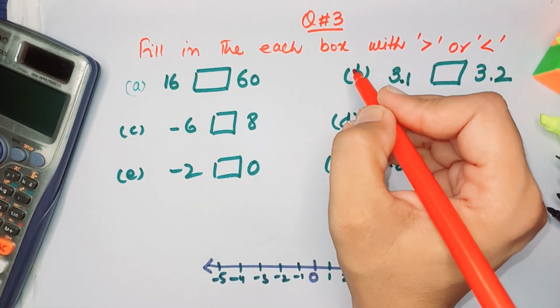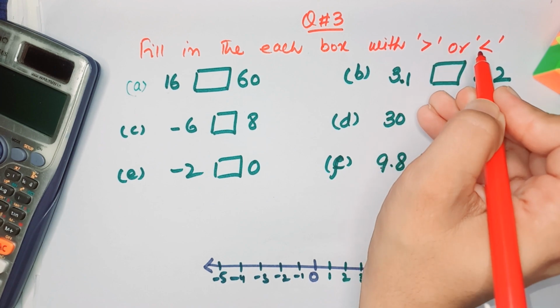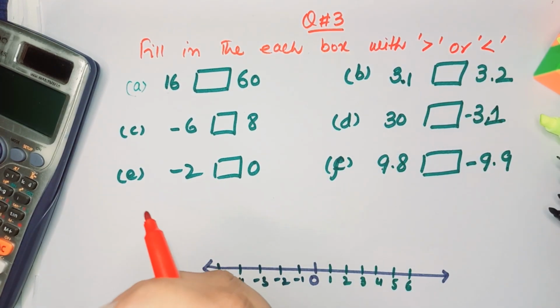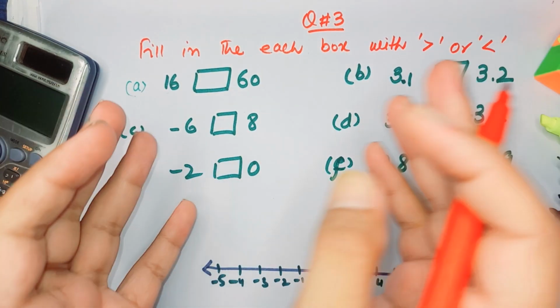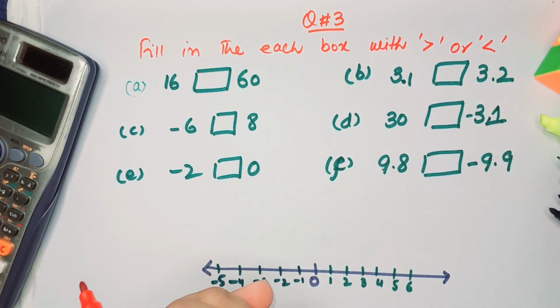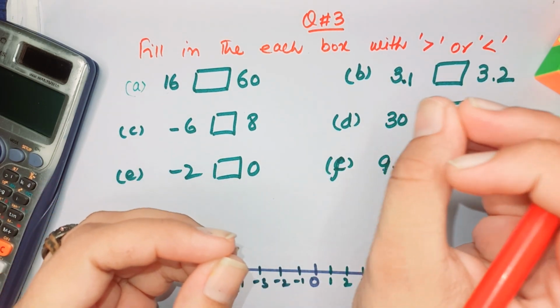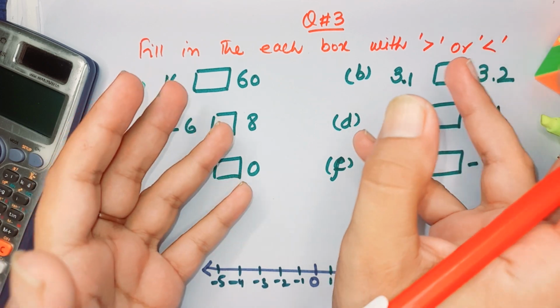Question number 3. Fill in each box with a greater than or less than sign. Dear students, we have to use the symbol to fill these blanks. So first of all, you have to identify the symbols.